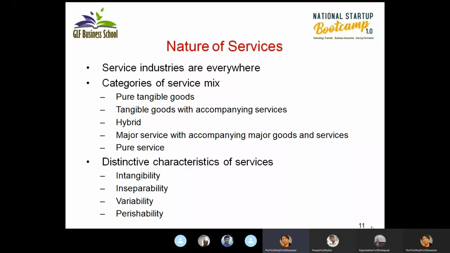It can be hybrid also. The 4th category is major service with accompanying minor goods and services, like air travel, where food may or may not be served. And 5th is the pure service. Pure service is primarily an intangible service, for example babysitting, which is purely an intangible service.